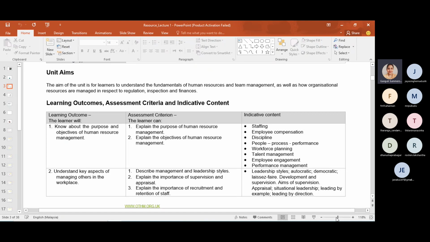Likewise, we deal with different types of people in the workplace, right? So in the second learning outcome, you will learn how to manage all these kinds of people, how to manage others in the workplace, and how you can deal with them when you are working at your workplace.